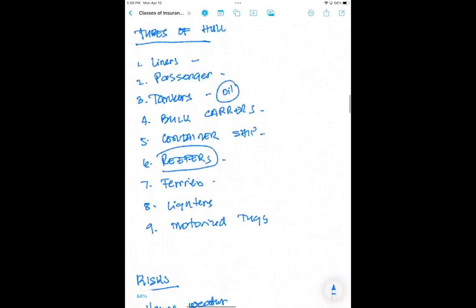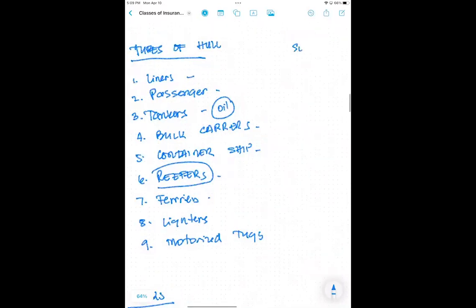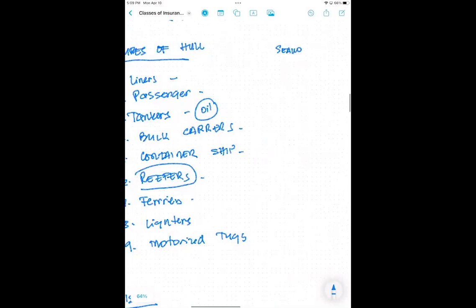And why is this important? Because when we talk about seaworthiness, later we will discuss this in detail, but right now, a ship is seaworthy not only when it can withstand the usual risk in traveling via water, but the vessel should also be able to carry out the function of the said ship.